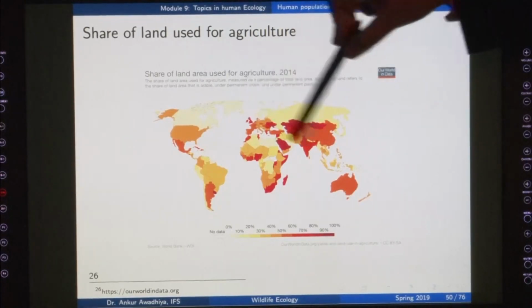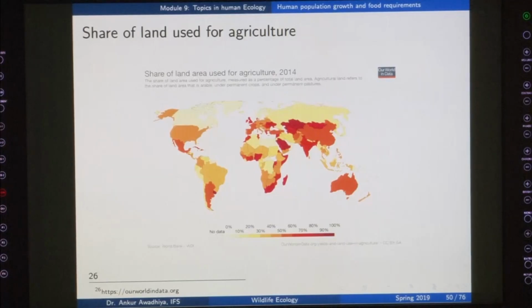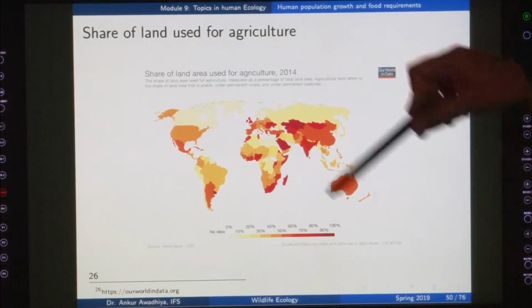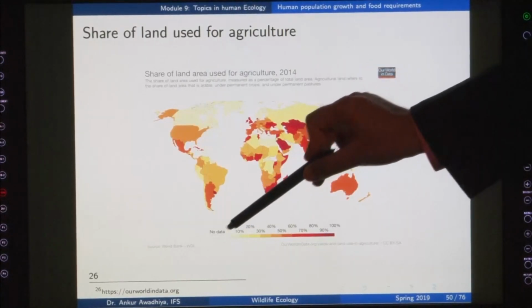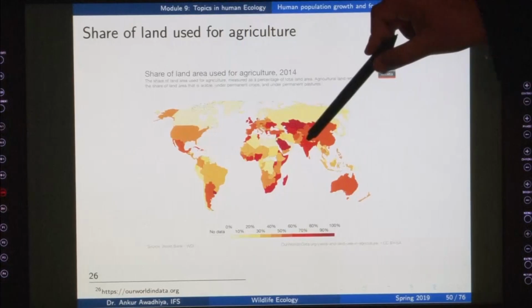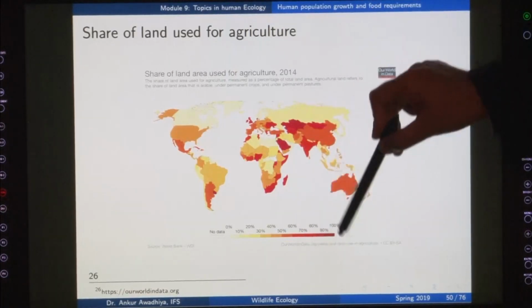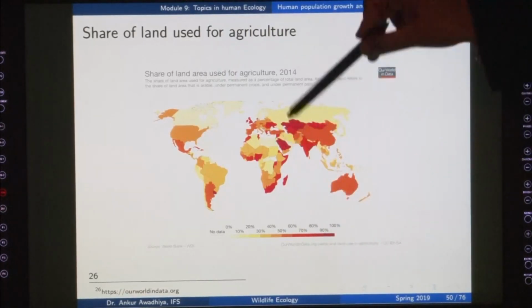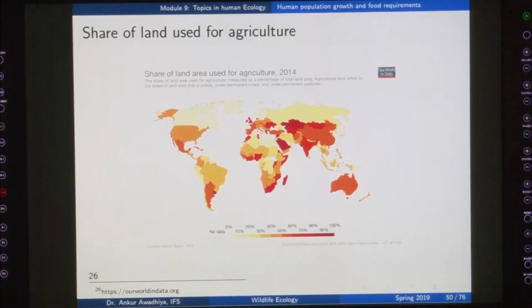And again this chart is showing us the share of land that is being used for agriculture in different countries. In some of the very cold countries, like Canada or Greenland, the total area that is under cultivation or under agriculture is less than 10%, but in some countries such as India it is as much as 80%, and in some of the countries it is now even more.